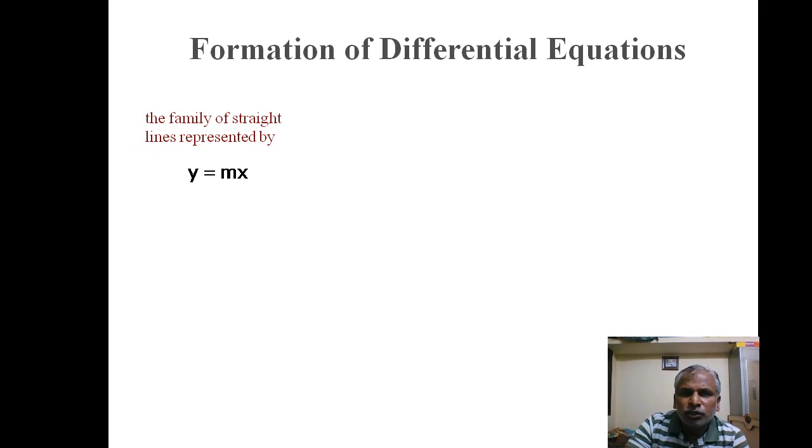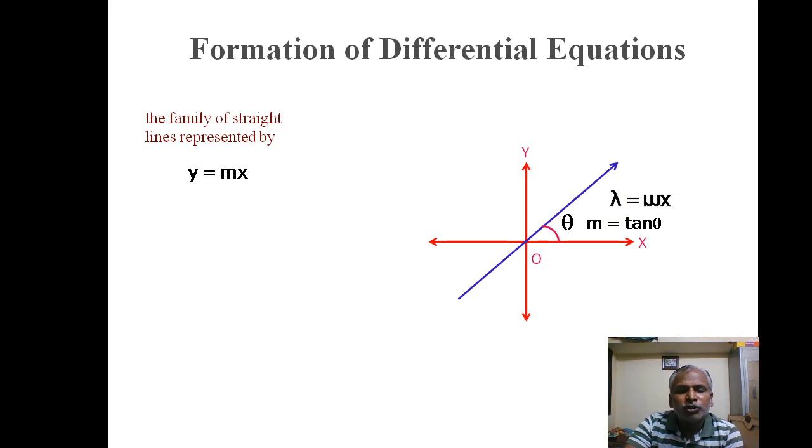Formation of differential equation. The family of straight lines, as we know, is given by y equal to mx, where m is the slope of the line, passing through the origin in the two-dimensional xy coordinate system.